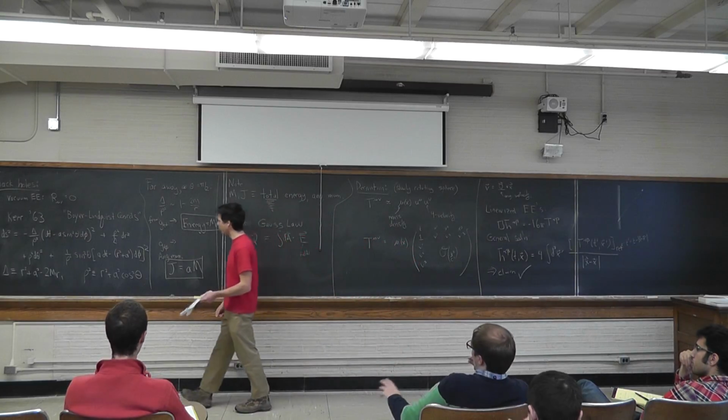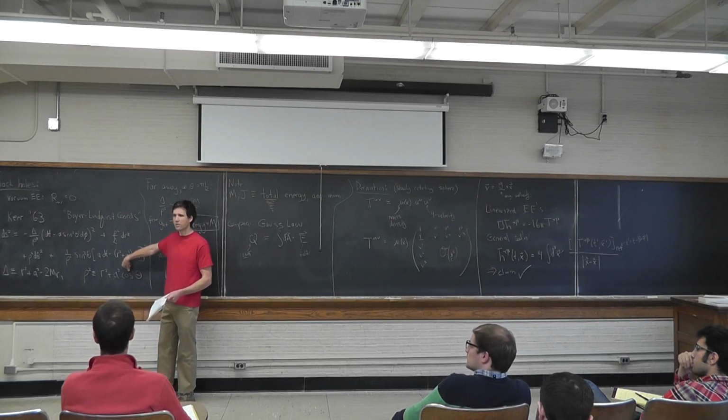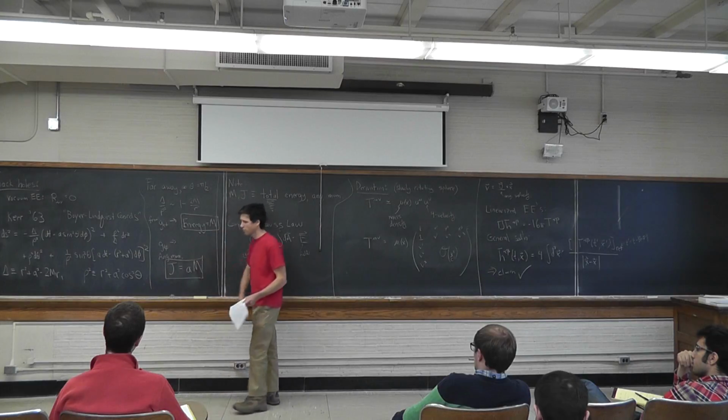So the two parameters here are the mass and angular momentum. But it's usually easier to parameterize that by the mass and little a, which is the ratio of angular momentum to mass.